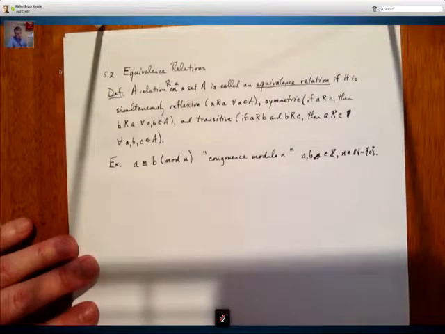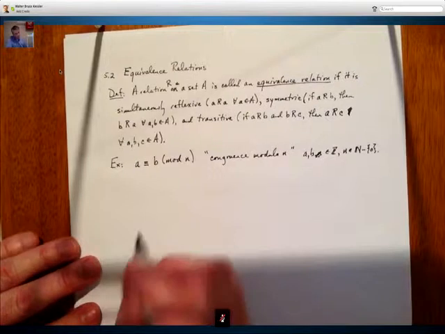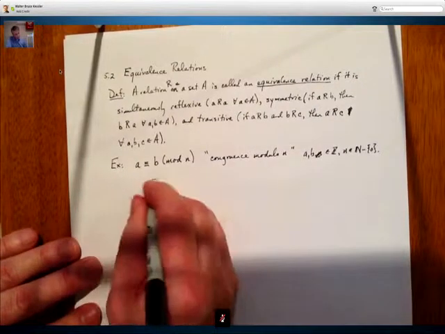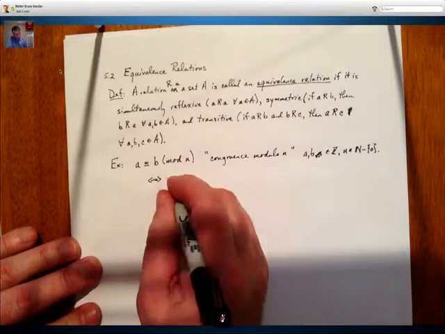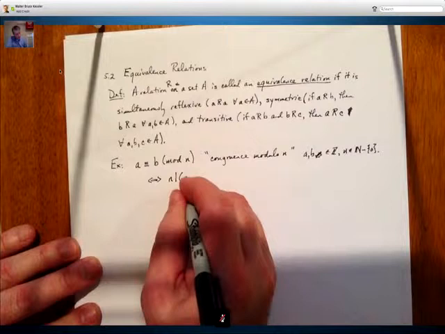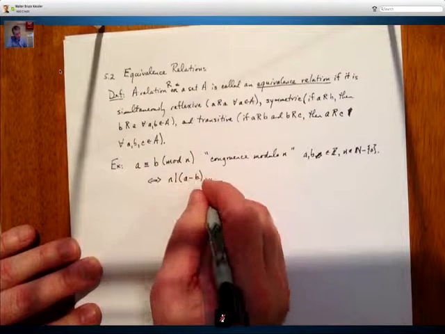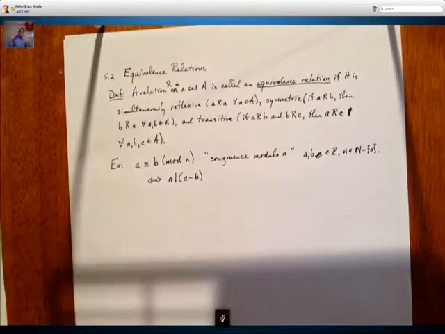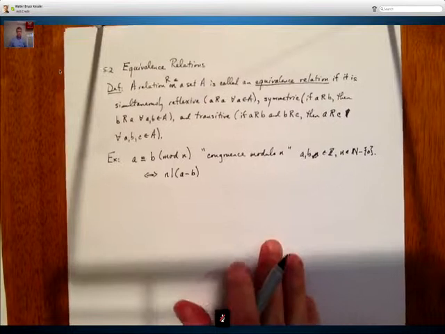All right. So, and really, what this means, we're going to define this by saying, okay, this means that n divides A minus B. So A is congruent to B. Here's the way we say it.